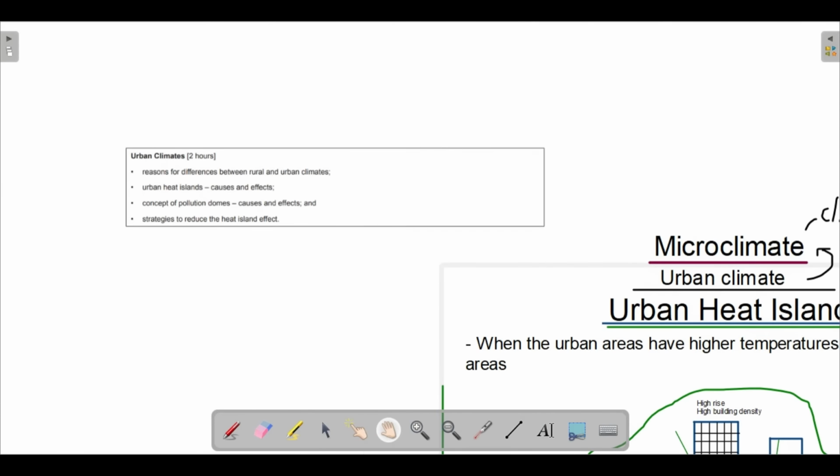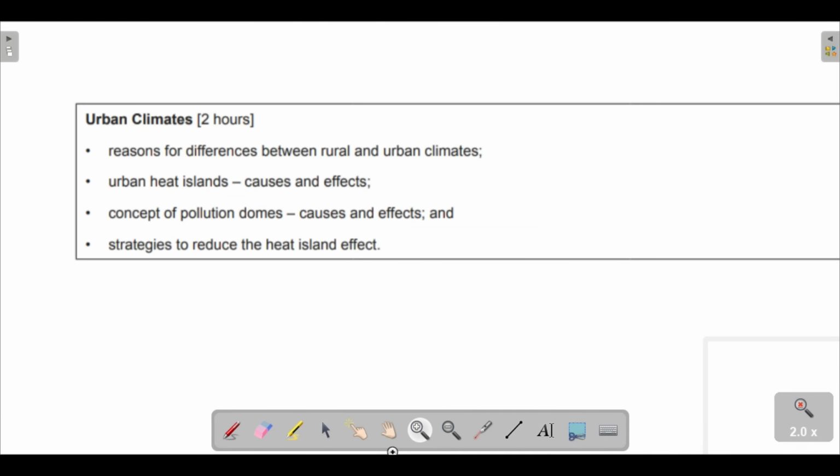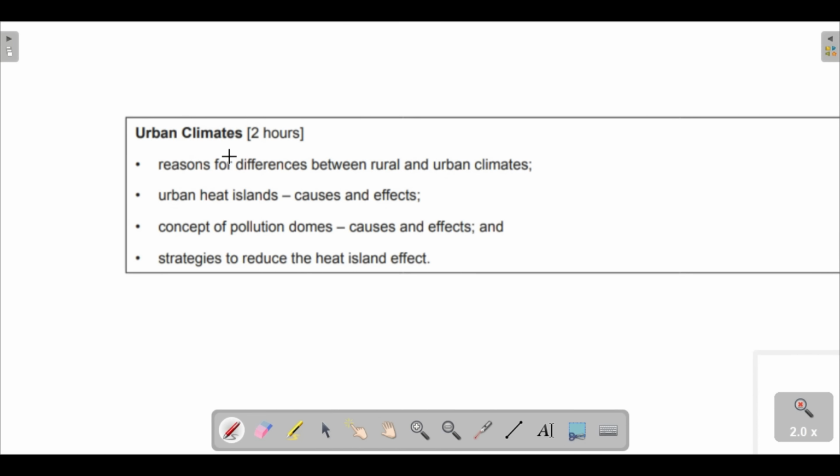Let's take a look at our CAPS document, which guides us. Under urban climate, we will be explaining the reasons for the differences between the climates that you'll find in rural areas and in urban areas. Why are there different climates in these areas? We'll also break down the phenomenon of urban heat island, explain why it forms, and describe the effects that it has on humans and the environment.